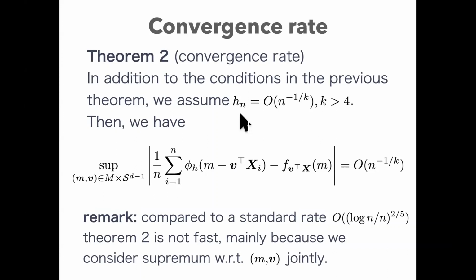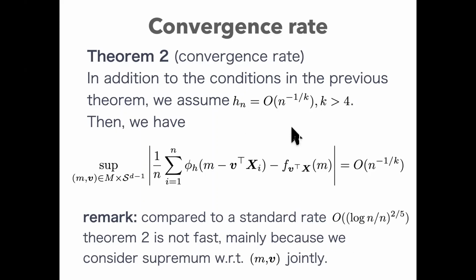This rate is not very fast compared to the already known standard rate. I'm sorry, I don't remember exactly, but the conventional standard rate for this sort of mode estimation is something like (log n over n) to the power 2 over 5, for example, for twice differentiable functions. And this is because we have to consider a uniform bound with respect to both m and v, I mean the mode and the projection vector, simultaneously.